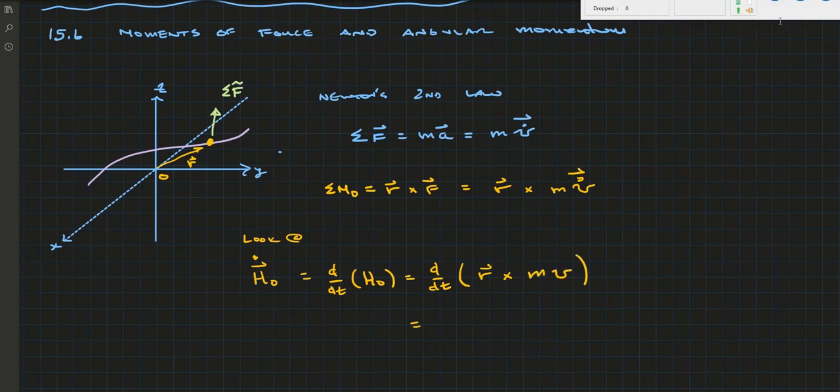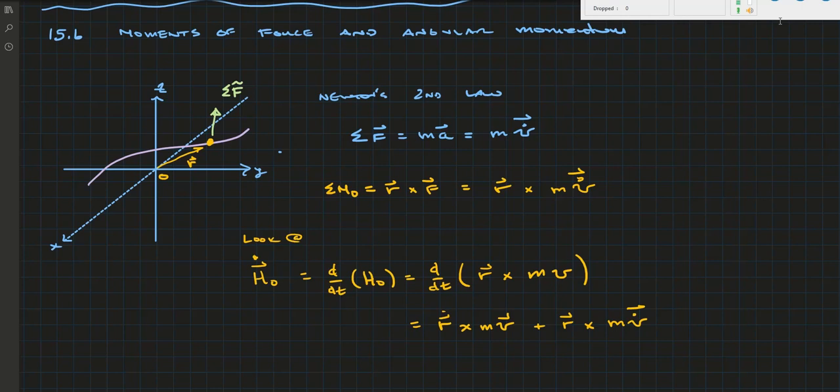And if we apply the product rule to a cross product, we get R dot cross MV plus R cross MV dot, completely analogous to the product rule with scalars.